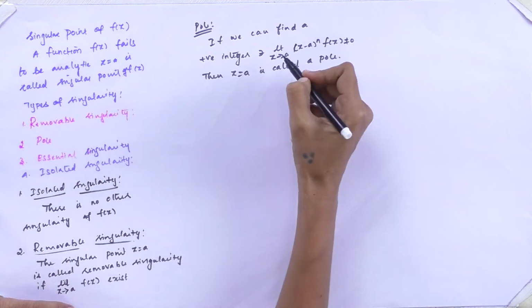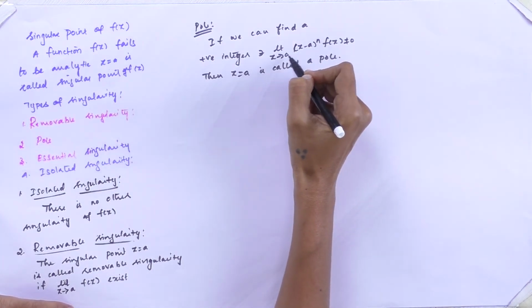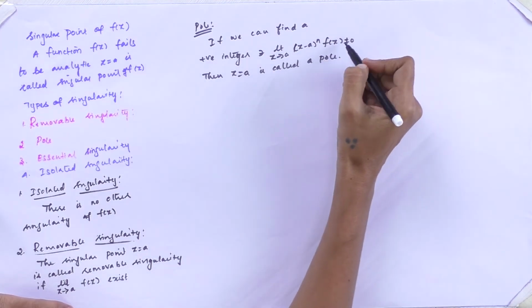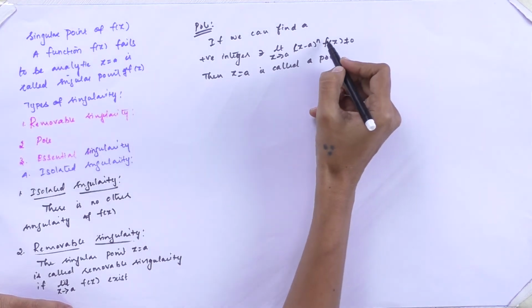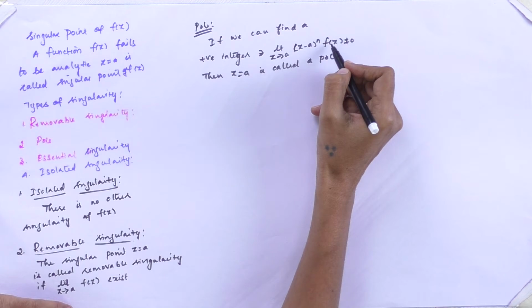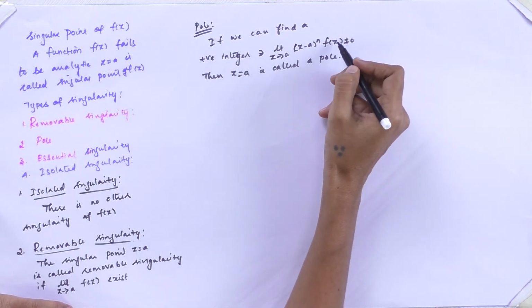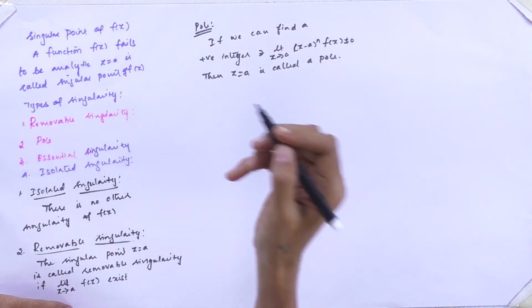When we take the limit, z approaches a, so z minus a is equal to 0, and 0 into anything is equal to 0. But this is not equal to 0. This means that f of z must contain a function in the denominator to cancel this z minus a.